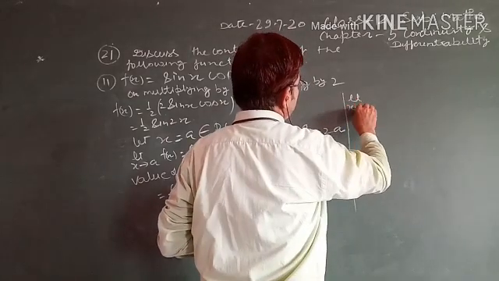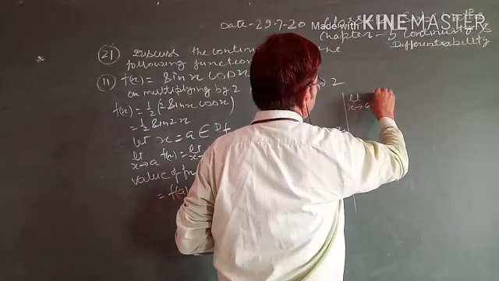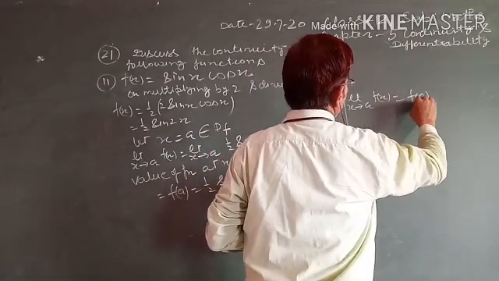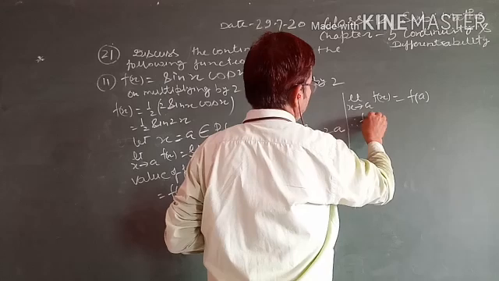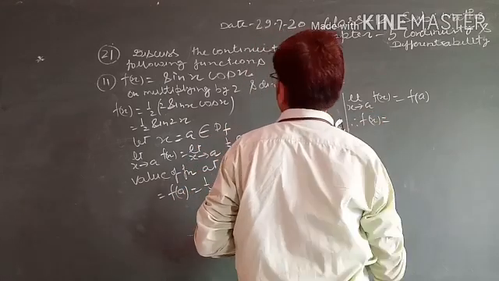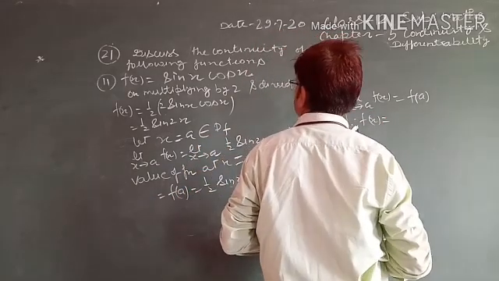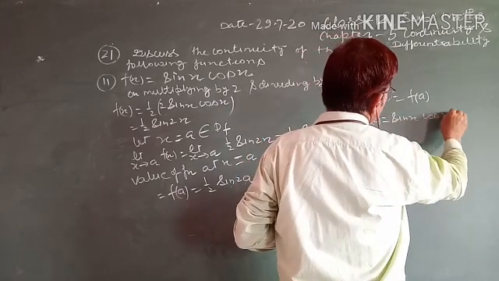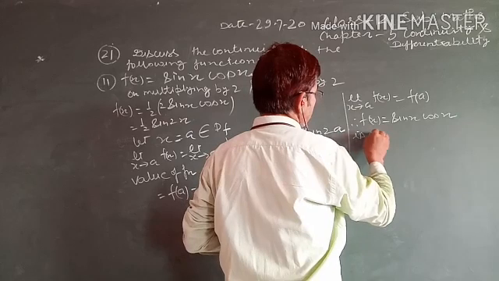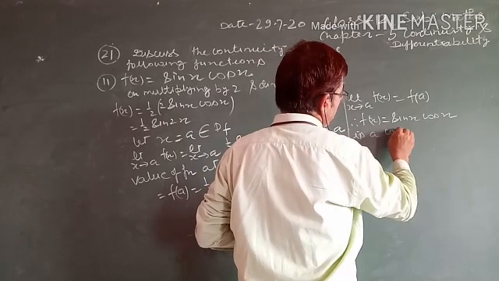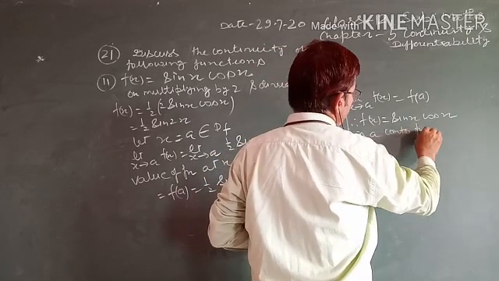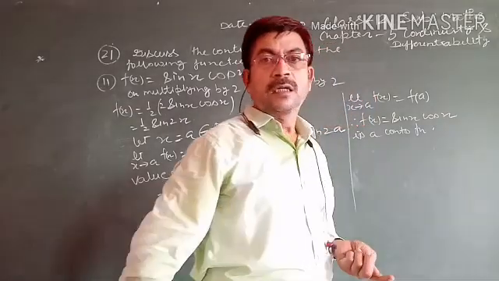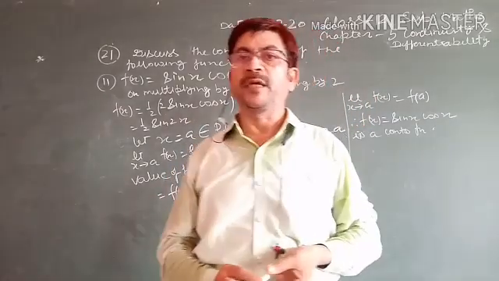Limit x tends to a f(x) is equal to f(a). Therefore, f(x) equal to sin x cos x is a continuous function in the domain.